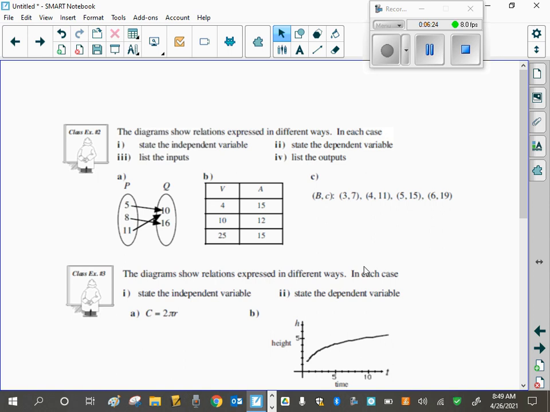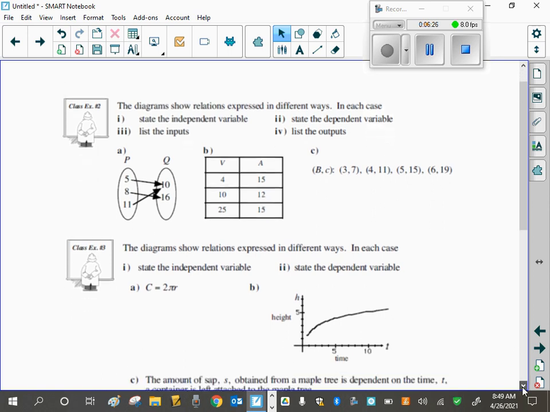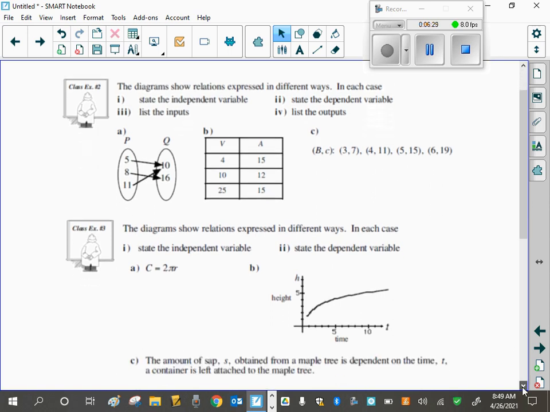Next, 2A. Okay, first of all, make sure you answer all the questions. Some of them are tricky, especially when we get to the next couple pages, they're just kind of easy to miss if you go right to the chart. But here it says, what's the independent and dependent? So I want you to write them separately. I don't want any arrows. What's the independent variable? Is it P or Q?